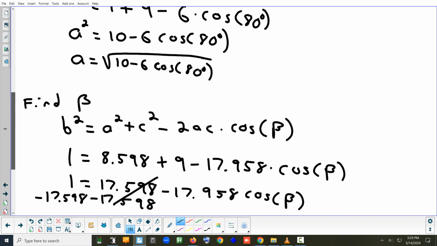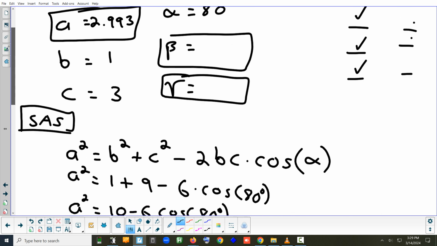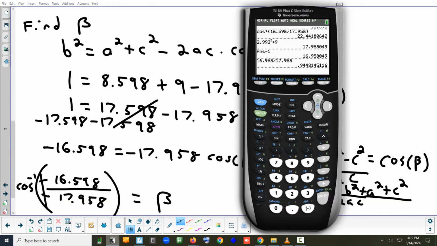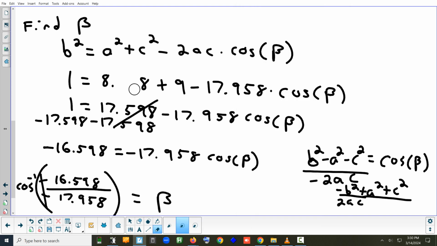Okay, so just checking something. When we did a squared, 2.993, and you square it, that's 8.958. So we switched these two digits. I think that was the whole problem.